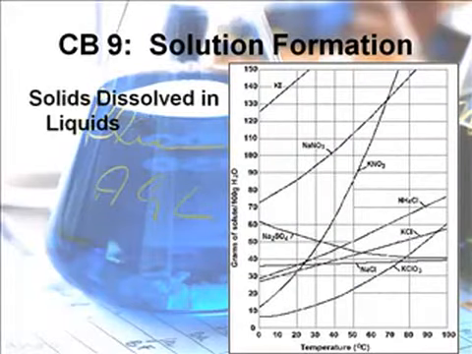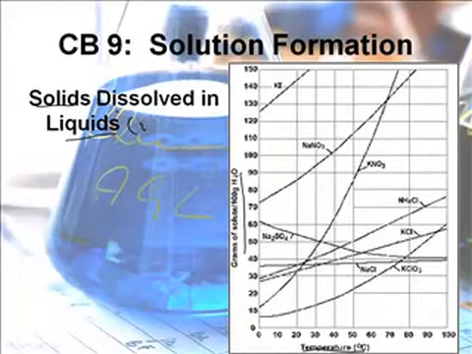Now, guess what? There's also a function of temperature. So if you are trying to dissolve something, there is an issue with temperature. Okay? So if you have warm water versus cold water, some things will dissolve better. So here we have a solid dissolved in a liquid. In particular, this graph is the liquid water.